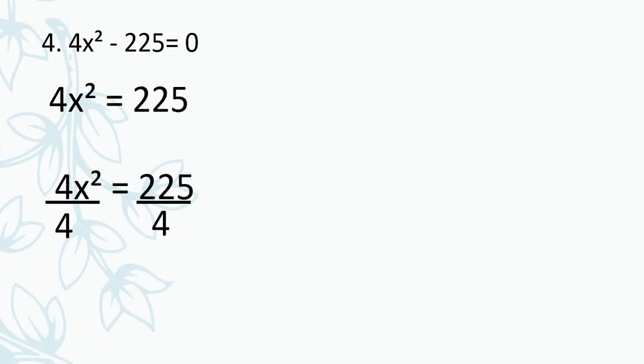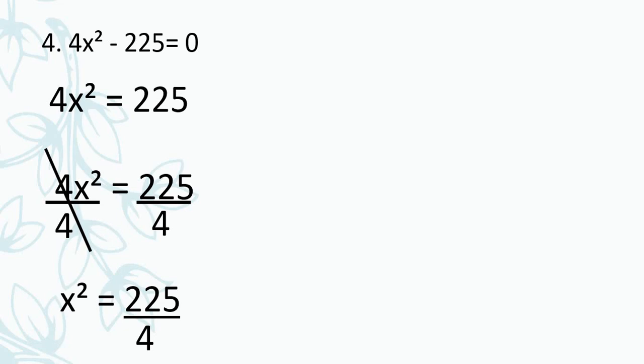Ma'am, what if the value beside x squared is 5? Meaning to say, what you put in your denominator on both sides is 5. What is the reason? To cancel it out. Okay? So, what remains is x squared is equal to 225 over 4.